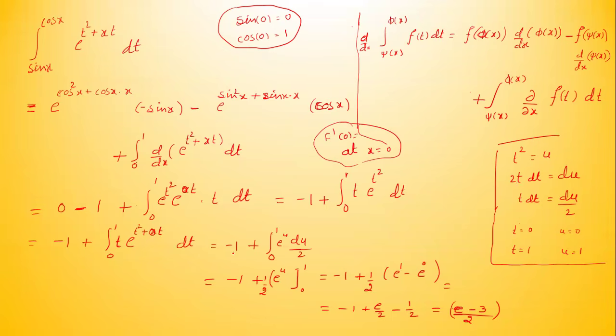That means minus 1 plus integration 0 to 1 of e raised to u, du by 2. Simplify this, we get e minus 3 by 2. The answer is e minus 3 by 2.